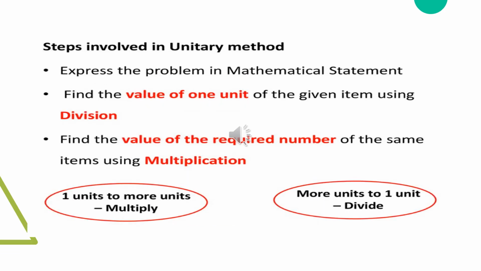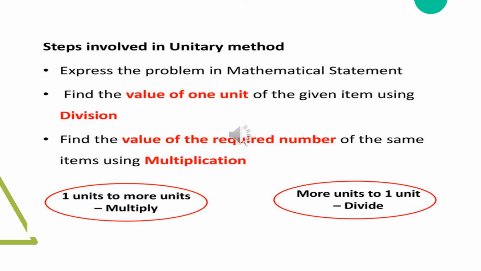Now let's move to the steps involved in the unitary method. The very first thing we have to do is express the problem as a mathematical statement. Then we find the value of one unit of the given item using the division method, and then we find the value of the required number by using the multiplication method.